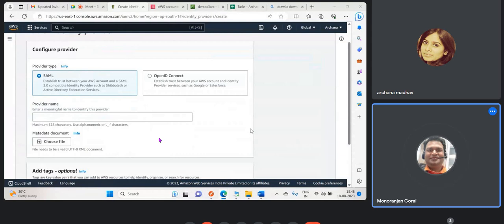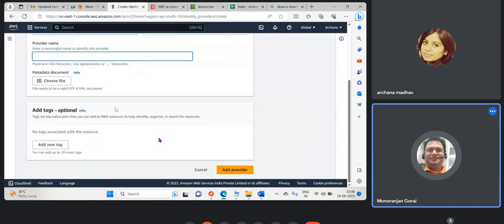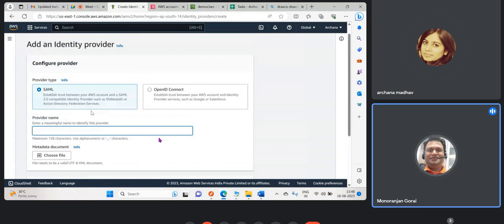Well, you have SAML, you have OpenID. So this is something you have to look into again. OpenID, very important.